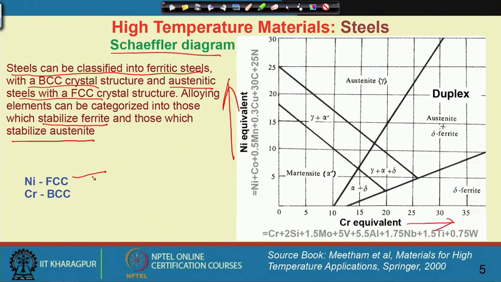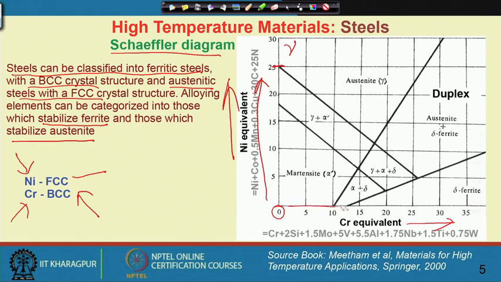Nickel has an FCC structure and chromium has a BCC structure. So from here it is clarified that if we add chromium, then ferrite will be stabilized, and if we add nickel, then austenite is going to be stabilized. Starting from 0, if we go along this direction, you will see that above 25% addition of nickel, everything is austenite.